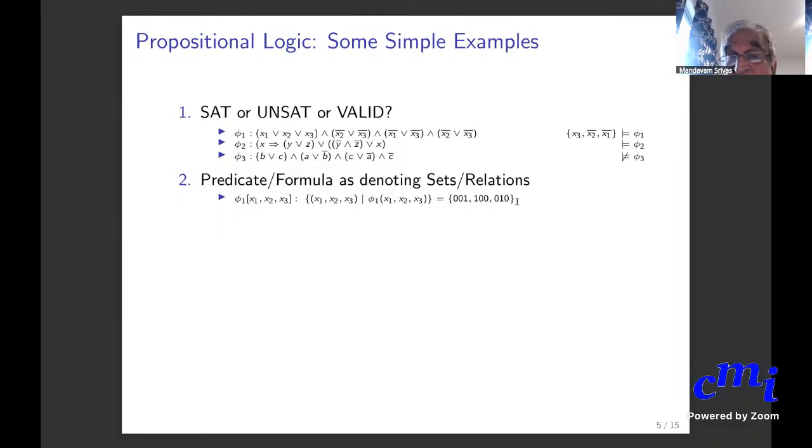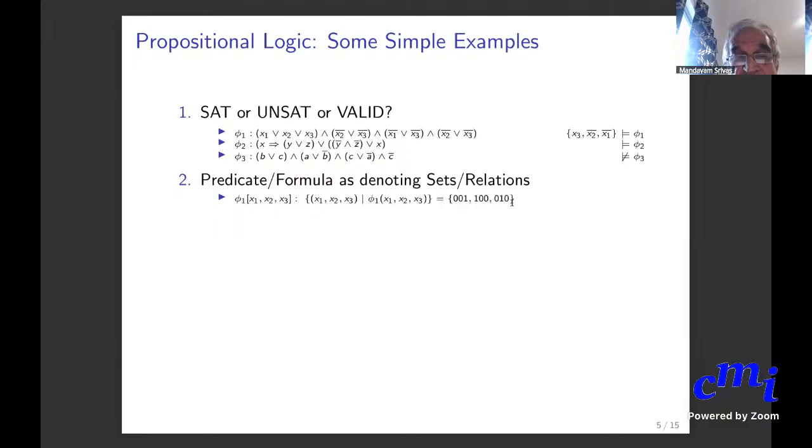These are the three satisfying assignments for x1, x2, and x3. These are the set of all models of phi 1. So when we say a formula or a predicate, what does it denote? It is assumed to denote the set of all satisfying assignments for the formula.